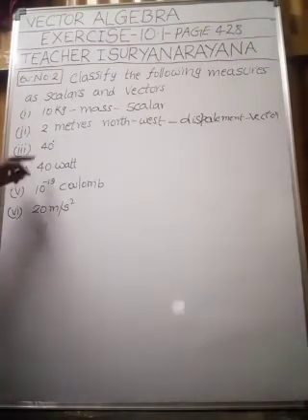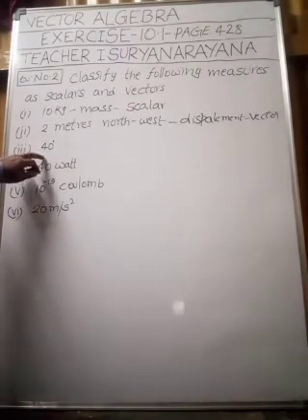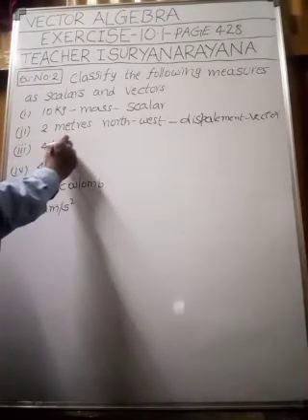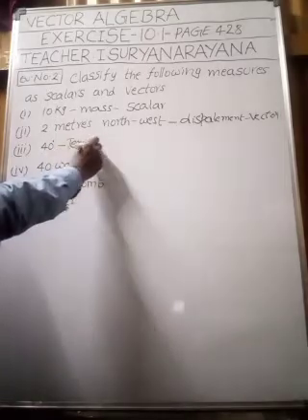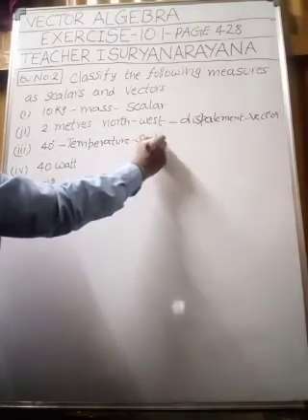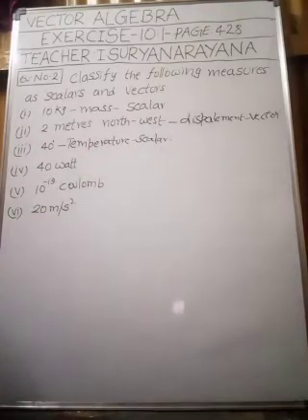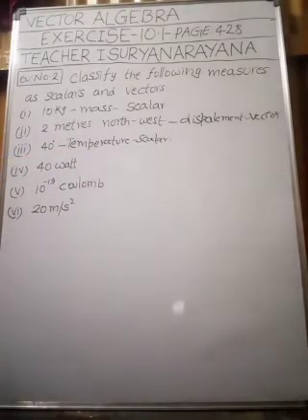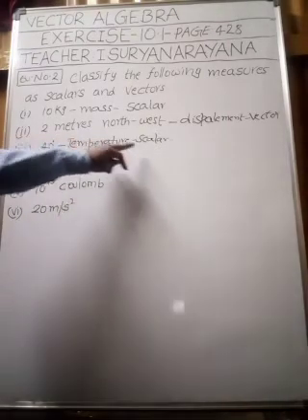Okay, my children. Right. This one, 40 degrees. Which quantity is denoted by degrees? Yes, temperature. It is a scalar. Temperature is measured in degrees. Yes or no, my children? So it is a scalar. Temperature, the physical quantity, represents a scalar.